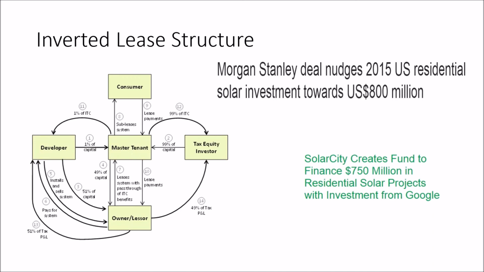You have a developer with a PPA with the utility and the ability to develop a project, but you don't have enough taxes to claim the tax credit on a 100 megawatt solar array that would come with $30 million of tax credits.